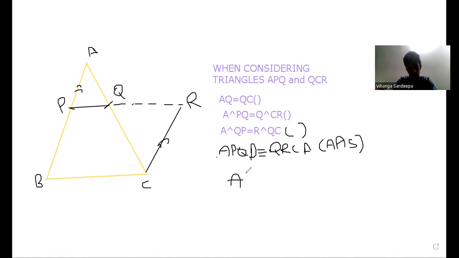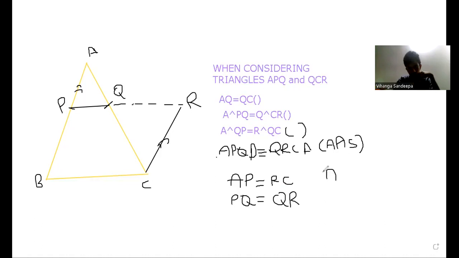AP equals RC. Then PQ equals QR. And also AP equals PB.